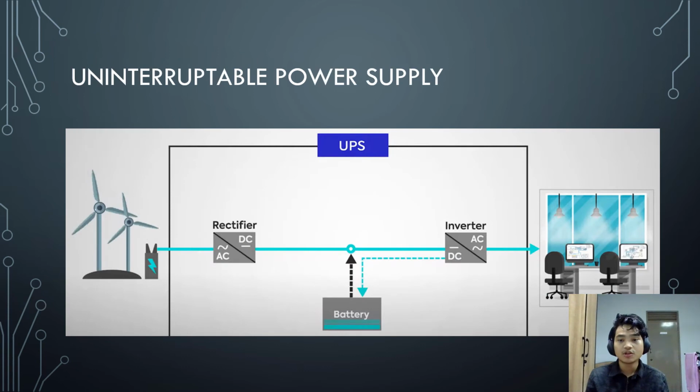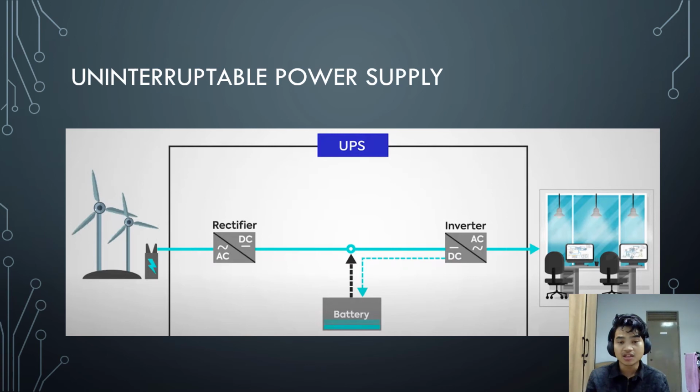Here you can see a diagram of the uninterruptible power supply. This is specifically the double conversion uninterruptible power supply, which to me is the best type of system because it provides a period of time where your load is completely protected from whatever is happening on the supply side. The way it works is there's a battery in between the load and the supply.